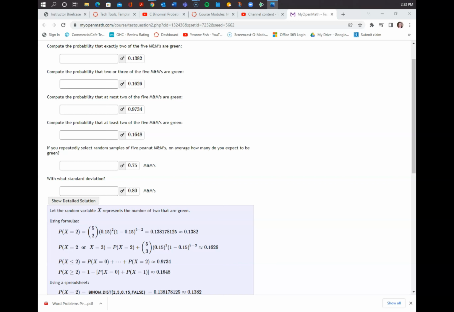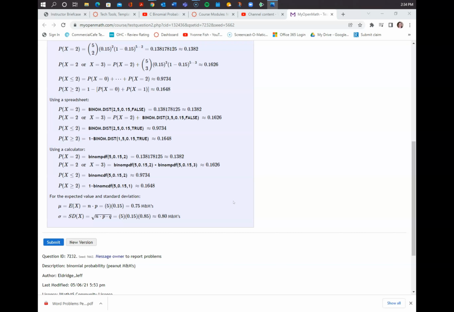Remember, because these are binomial distributions, it has that yes or no situation, or success and failure. It meets the requirements, and we don't need to do the summing up of each individual value because it's a binomial distribution. Same thing for standard deviation. It's a lot easier to do. So the standard deviation of X, the formula for that, just because it's a binomial distribution, is the square root of NPQ.